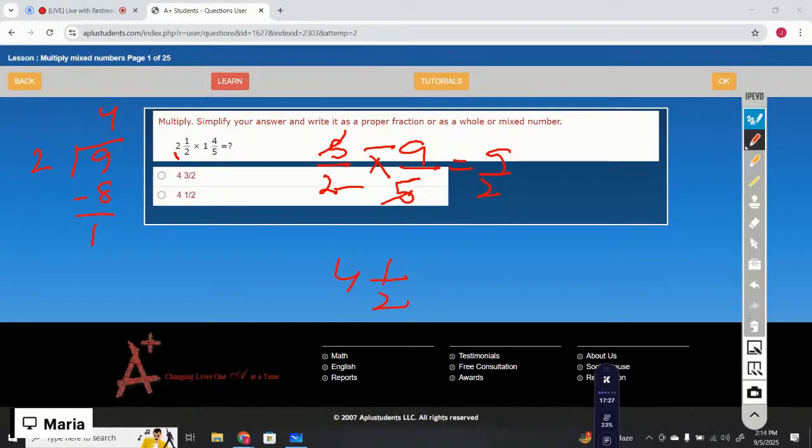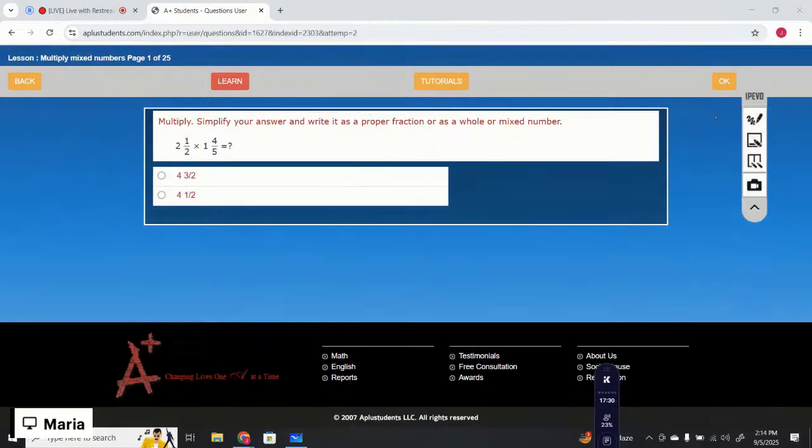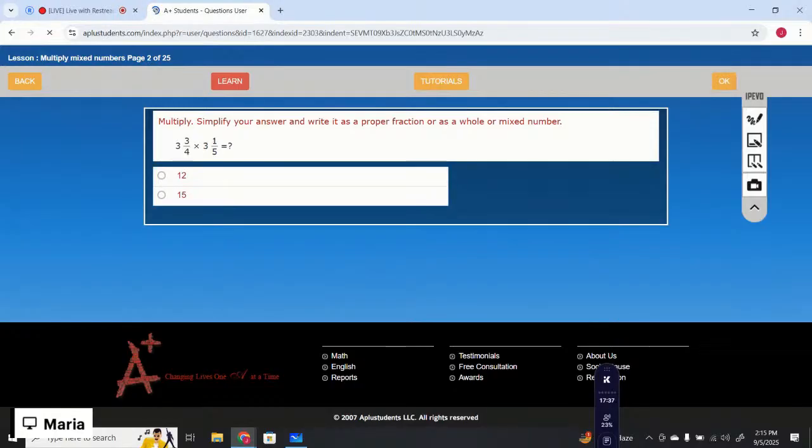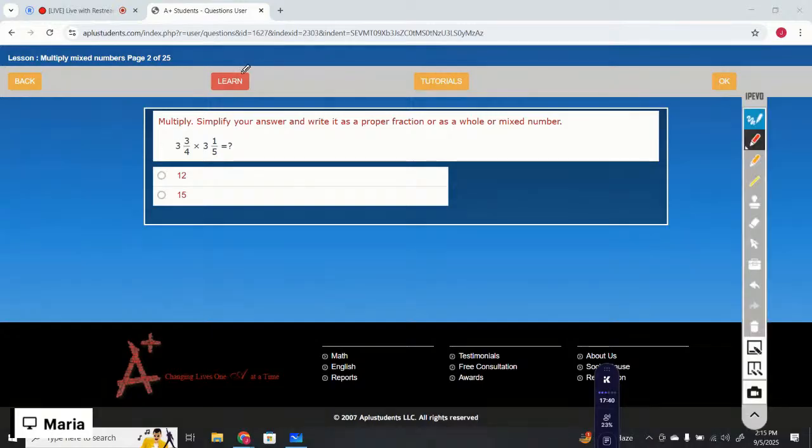Option number 2 is the correct option. The next, let's just move on to the next one. 3 whole 3 by 4 times 3 whole 1 by 5. So we need to do 3 times 4. That is 12, 13, 14, 15 over 4. Now 5 times 3 is 15 and 1 is 16 over 5. So we can do 4 times 1 is 4 and 4 times 4 is 16. Then 5 times 1 is 5 and 5 times 3 is 15. We are left with 3 times 4, that is 12.